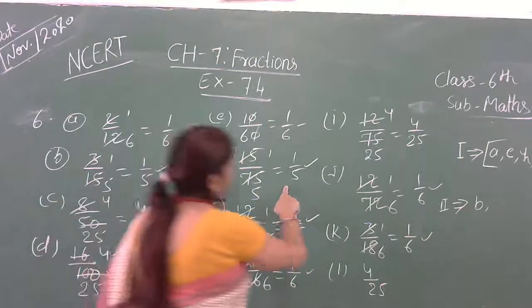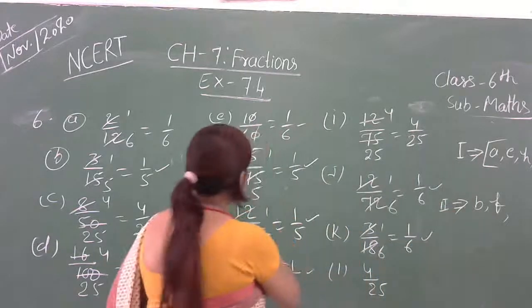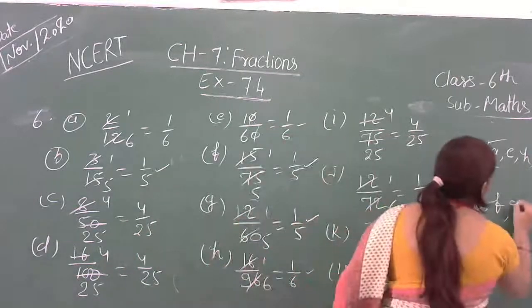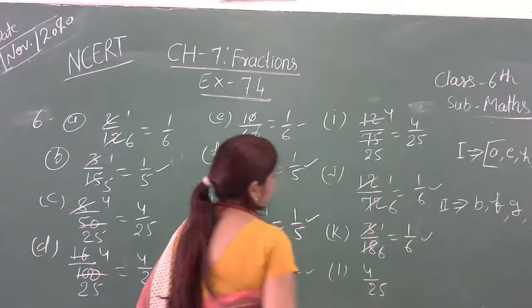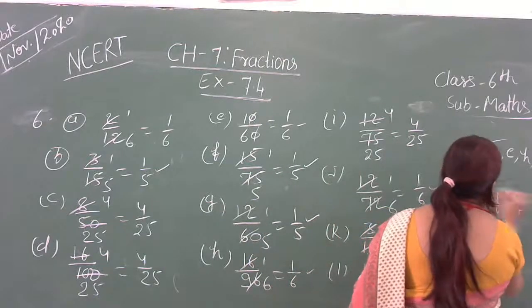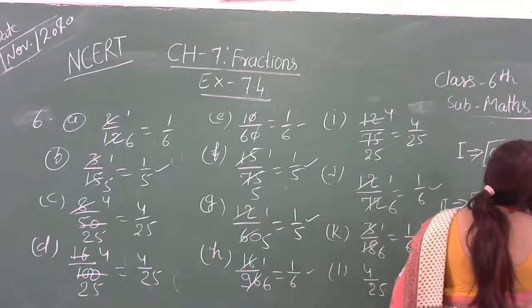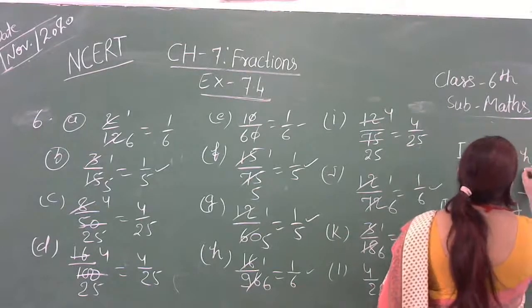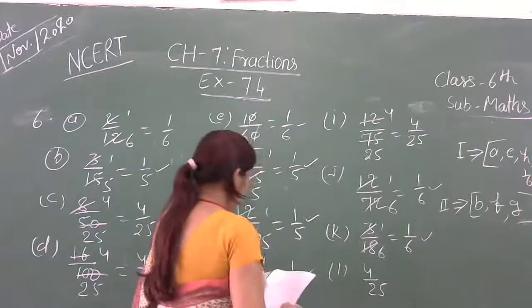After that F. Next one is G, and only 3, isn't it? B, F, G. All are 1 upon 5. And here all are 1 upon 6.